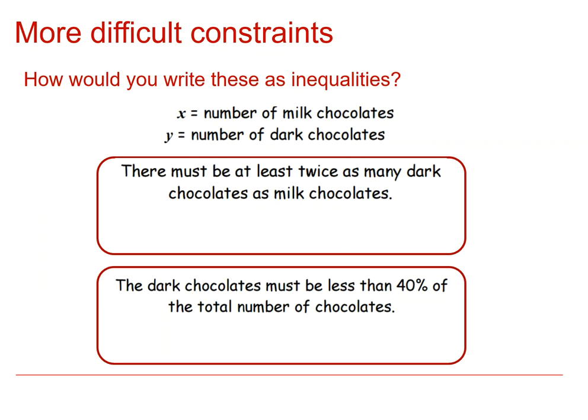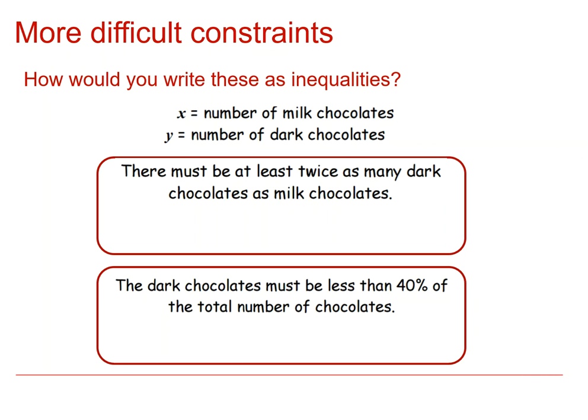Now, with the first one, actually, a mistake I see a lot of people making when you have something like this is that the sentence almost leads you to try to associate the number 2 with the dark chocolates, and it's very tempting there to think that you're going to be writing down a 2y and a single x.